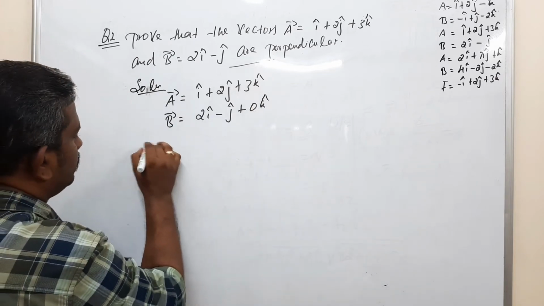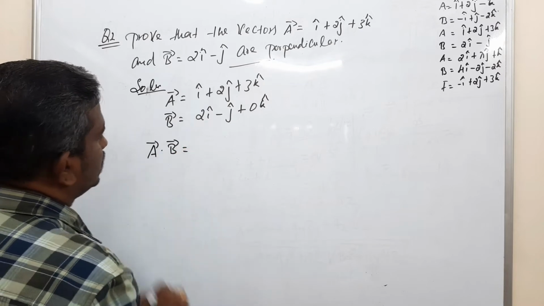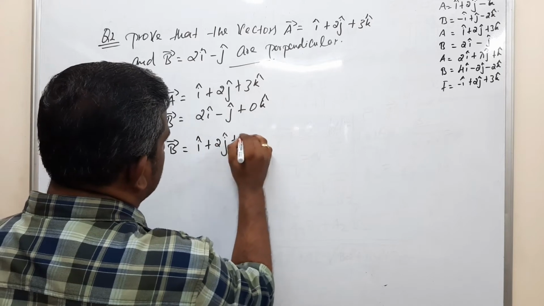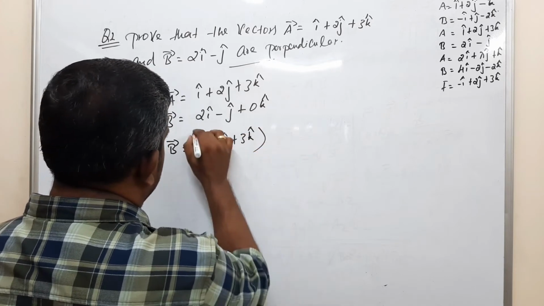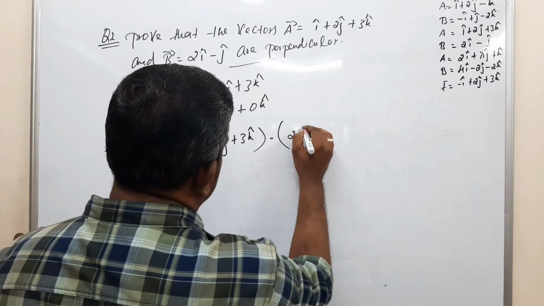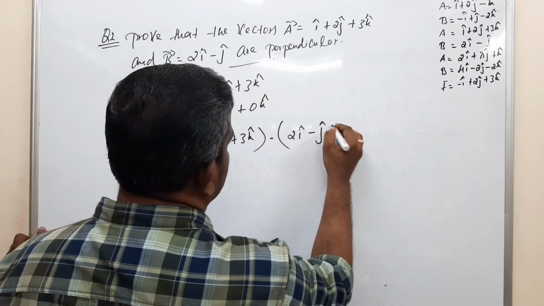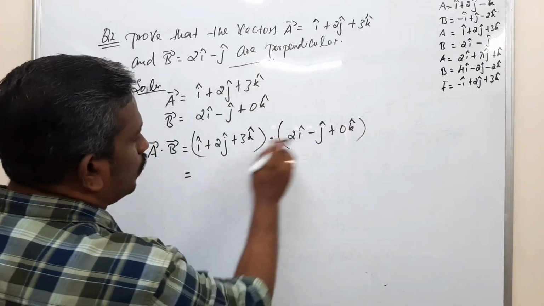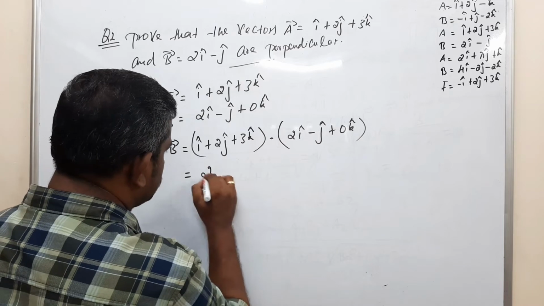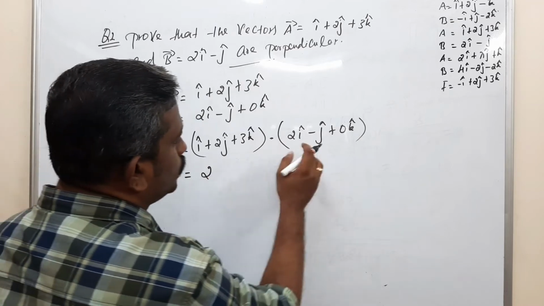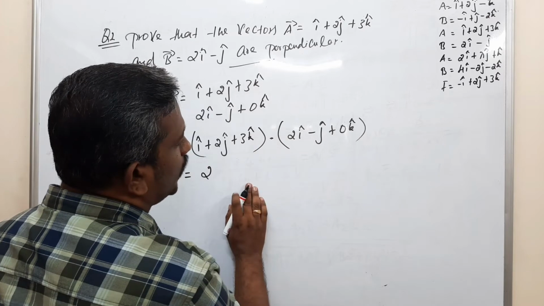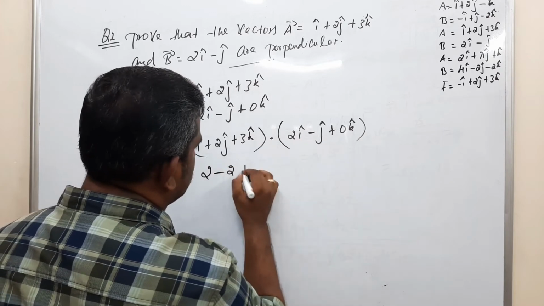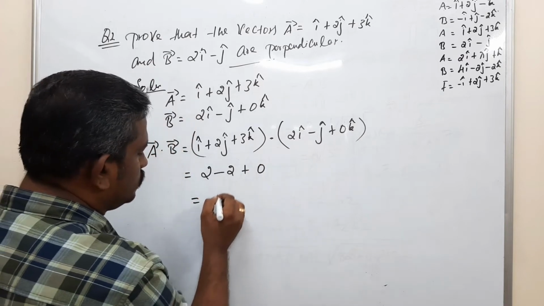So A vector dot B vector is equal to I cap plus 2j cap plus 3k cap dot 2I cap minus j cap plus 0k cap. So that's equal to 1 into 2, that is 2. Then 2 into minus 1, so minus 2. Then 0 into 3, that is 0. So that's equal to 2 minus 2, 0.